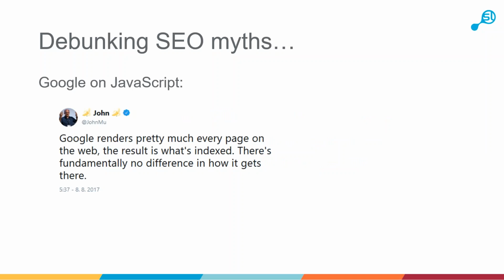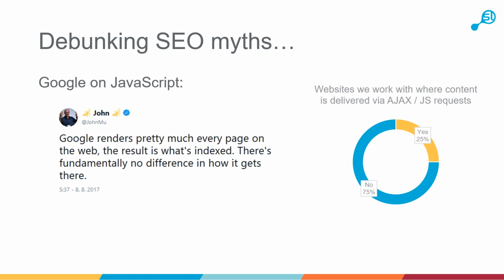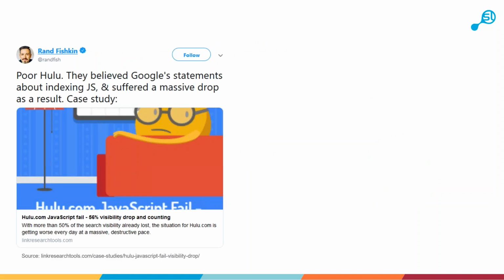Even John Mueller, throughout the years, and with this example tweet, says that Google pretty much doesn't see a fundamental difference in how it understands JavaScript. Now, as mentioned, about 25% of the time, we do see that it is creating an issue. So I just wanted to give you probably one of the famous case studies of Hulu, which is the Netflix of the US, really.